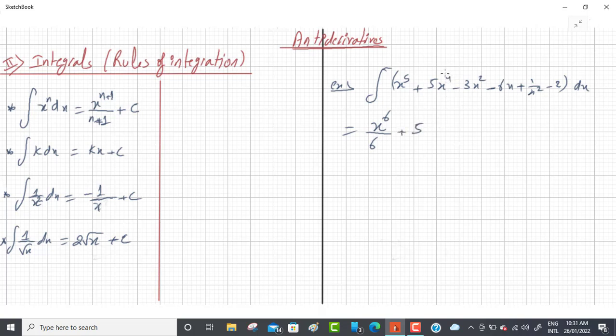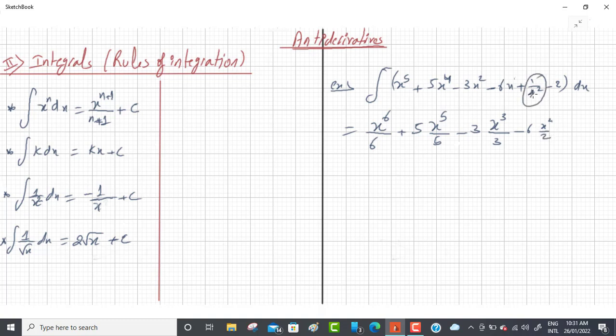For x power 4, you add 1 to the exponent, so it's x power 5 over 5. For x squared, you add 1 to the exponent, x power 3, then you divide by the exponent. For 6x, which is x power 1, it's 6x power 2 over 2.